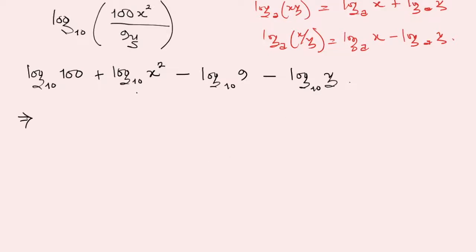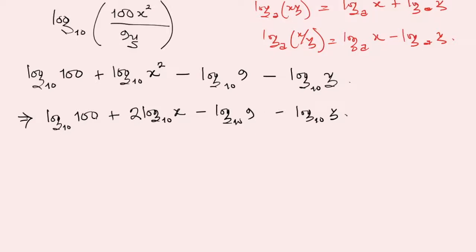But we're not done because we have a power here and we would like to resolve everything. So this is going to be log to the base 10 of 100 plus, moving the power to the front, 2 log to the base 10 of x, minus log to the base 10 of 9, minus log to the base 10 of y.